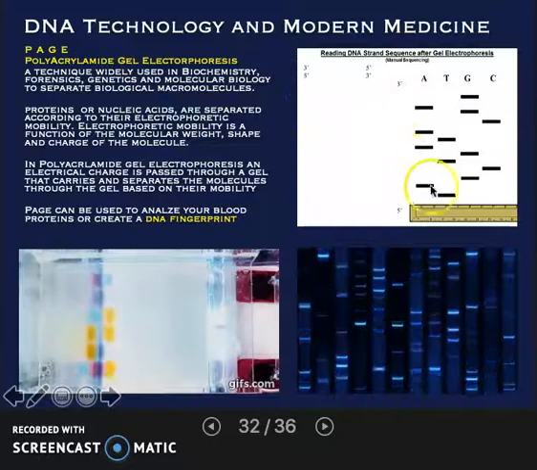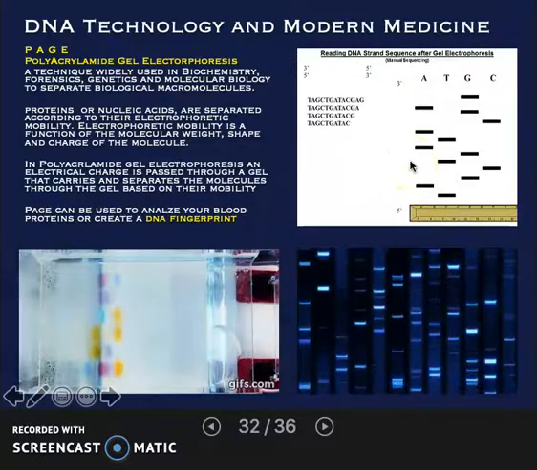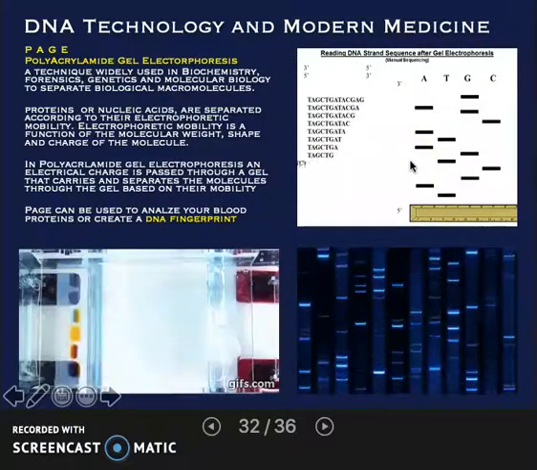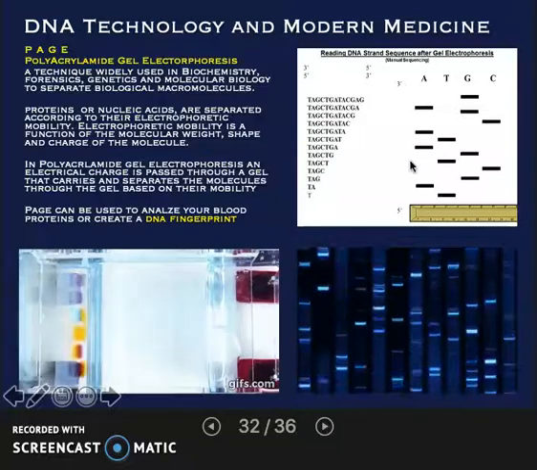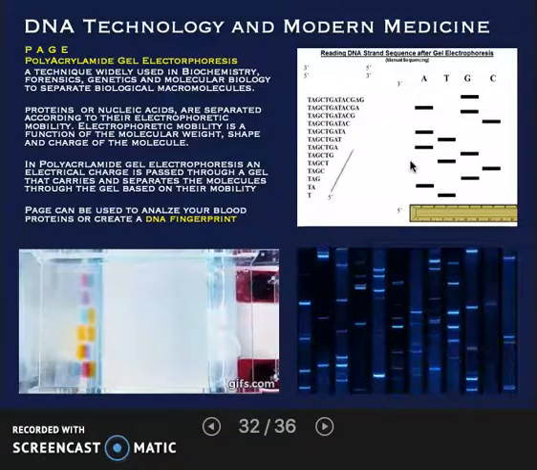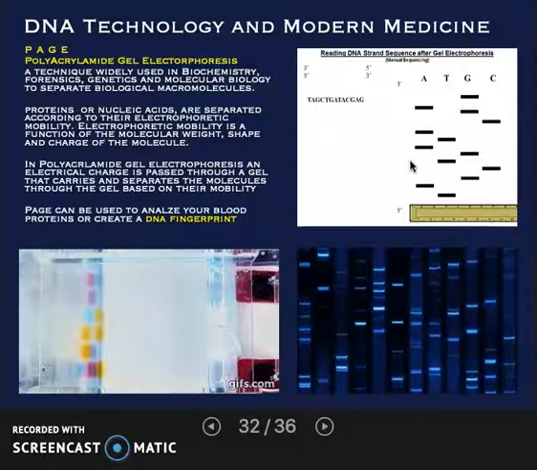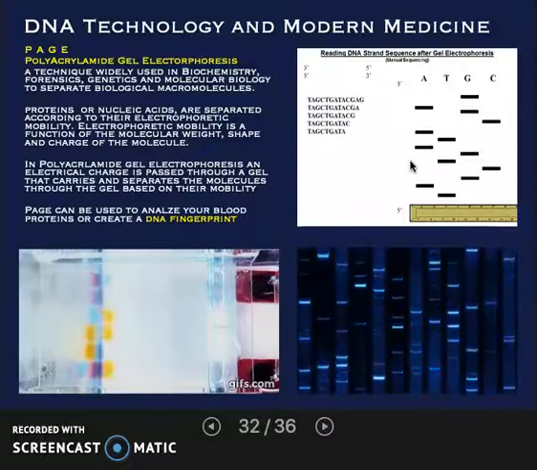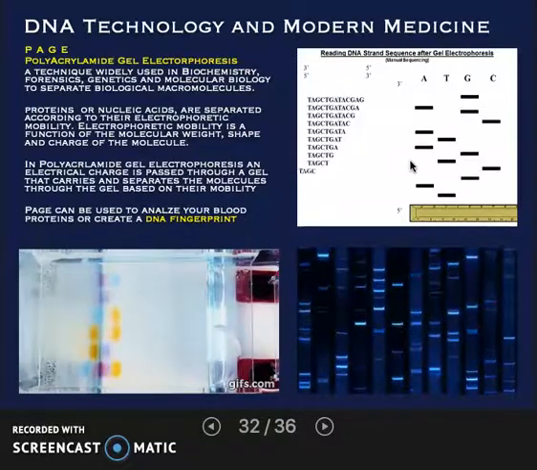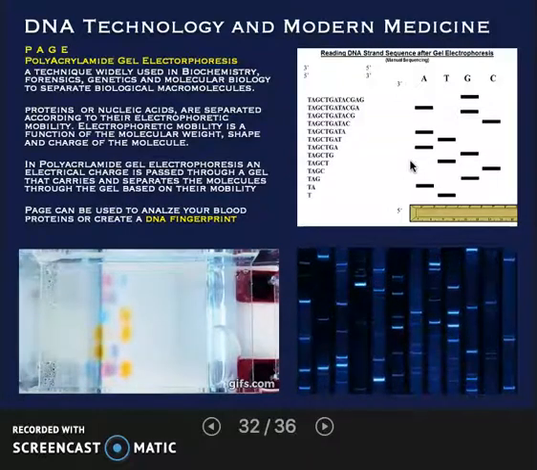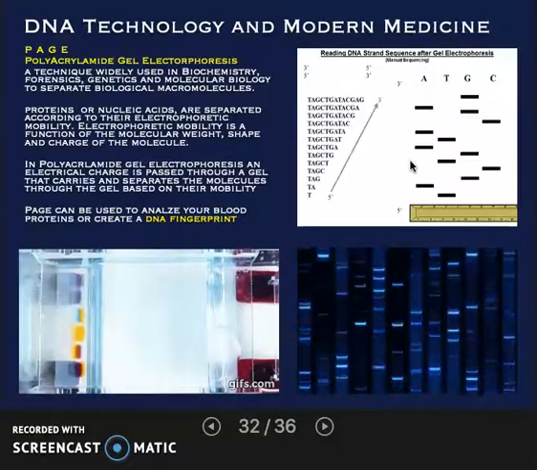You can cut segments of DNA, and one of the common tools that's used in gel electrophoresis for DNA analysis is called a restriction enzyme digest. If I take your DNA and I cut it up with restriction enzymes, these restriction enzymes cut at specific places.